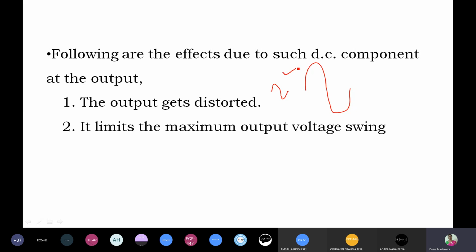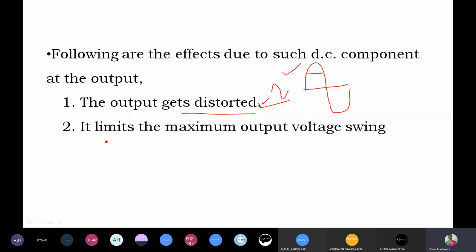The shape of the waveform should be the same, otherwise we say there is distortion. We don't want that distortion. But because of the presence of the DC level, there will be distortion, clipping off some of the output waveform. We want to manage or control that.